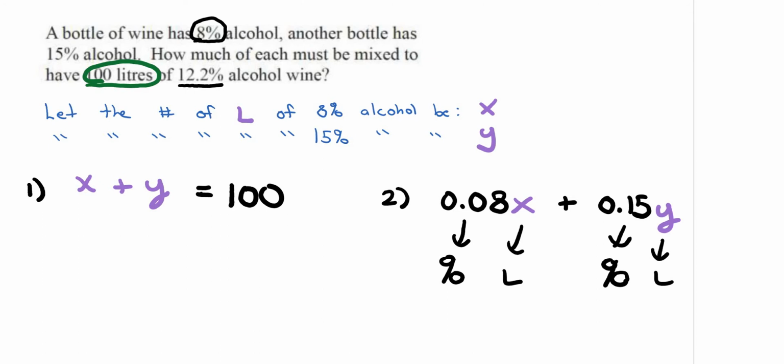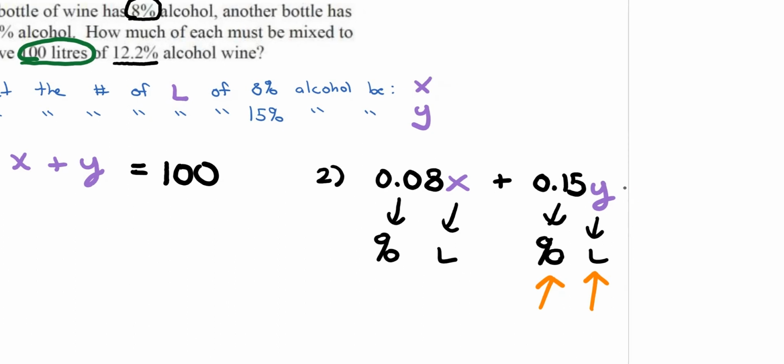Basically, how we're interpreting this is the concentration of the 15% alcohol can be found by the total number of liters times its percent value. And if you think about this logically, on this side you should also have a percent and a liters. So what combined percentage do you need when you mix these two alcohols together?